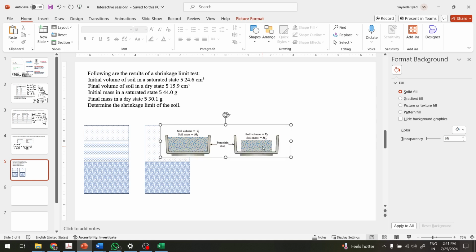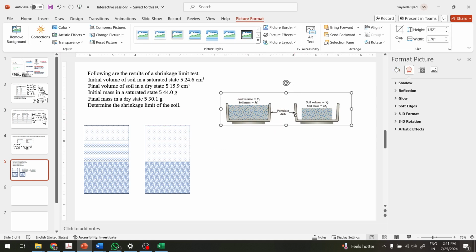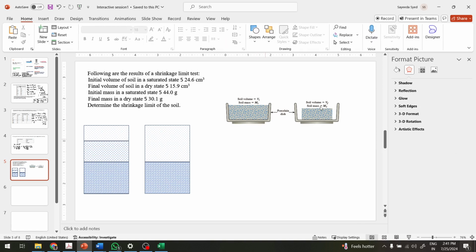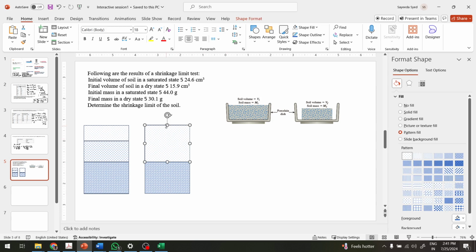Okay, so this is the volume of soil and mass of soil before drying, and this is the final volume and final mass. Volume 1 is the volume of all these three, and volume 2 is this. Then M1 will be this plus this, and M2 will be only this.